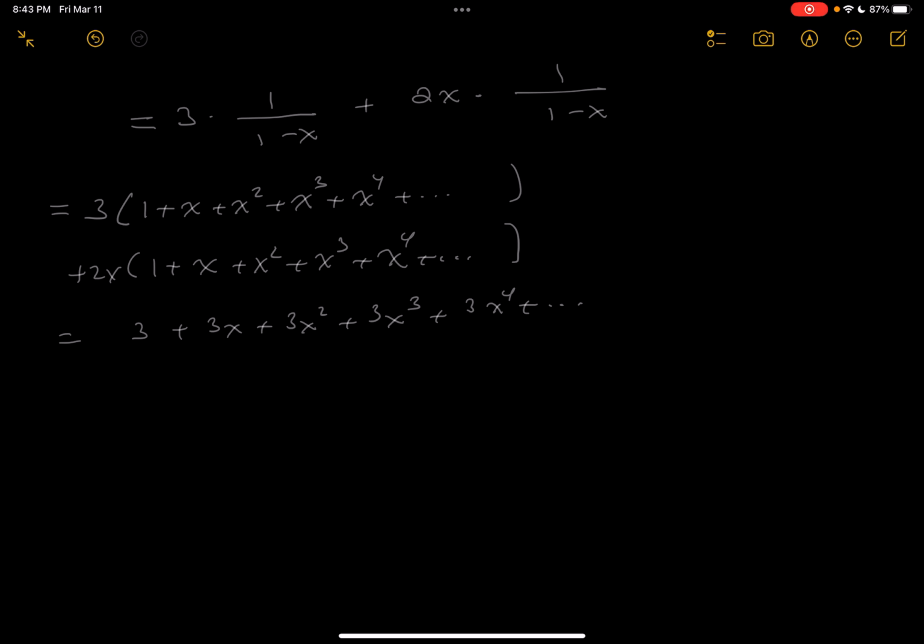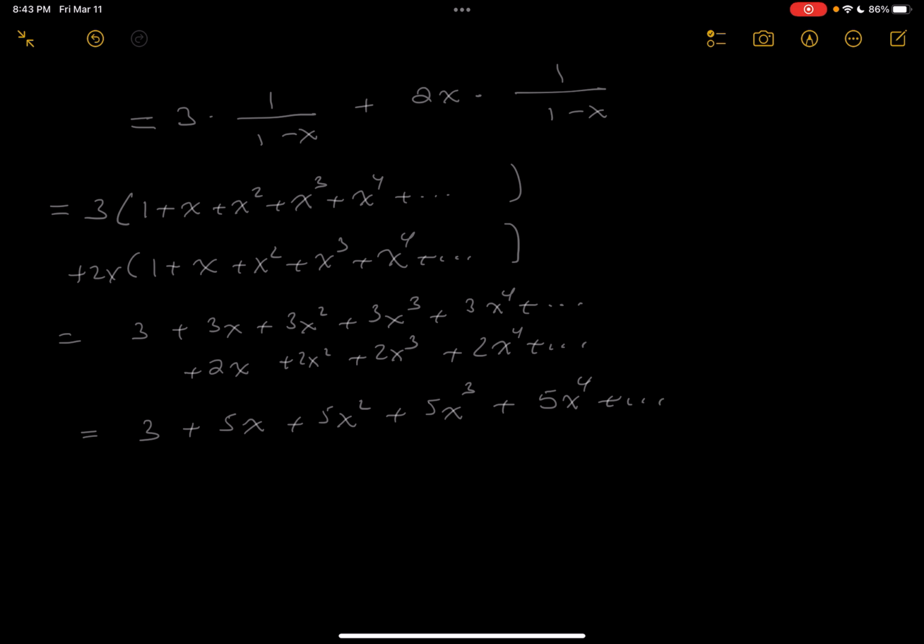So you get 2x plus 2x squared plus 2x cubed plus 2x to the 4th, yada, yada, yada. Well, I think I can write this down. This is going to be 3 plus 5x plus 5x squared plus 5x cubed plus 5x to the 4th, yada, yada, yada.